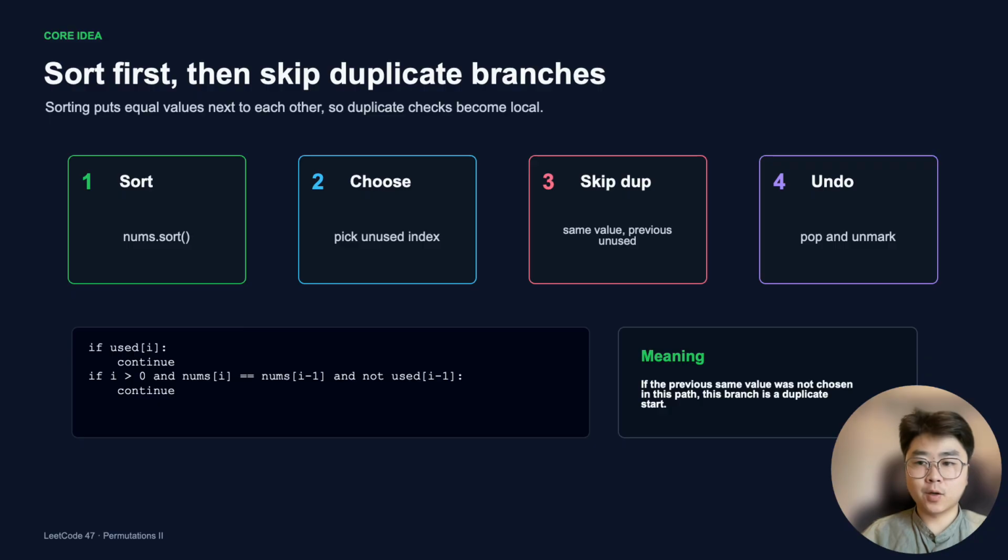Sorting places equal values beside one another, transforming a global duplication problem into a local comparison. That means if a previous same value was not chosen in this path, and this branch is a duplicate, it is skipped. So the sorting puts duplicates in order, and the pruning gives our search a discipline.